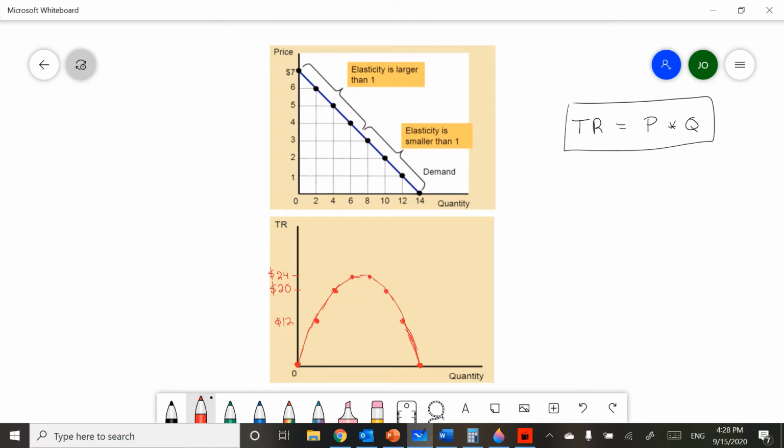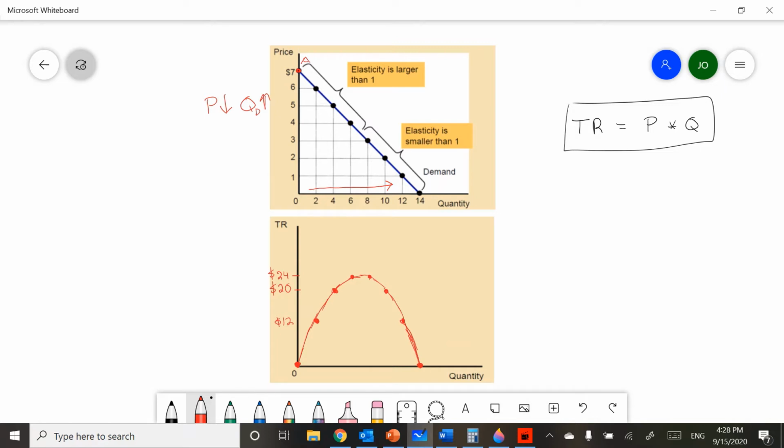Let's start with the top graph. What we basically see here is that we're starting at point A and working ourselves rightwards, meaning that my price is going down and my quantity demanded is going up. Nothing new here. This is basically our law of demand.